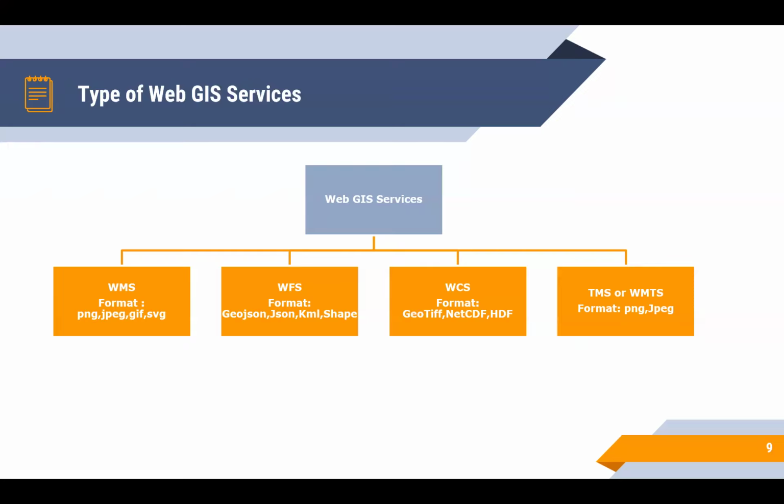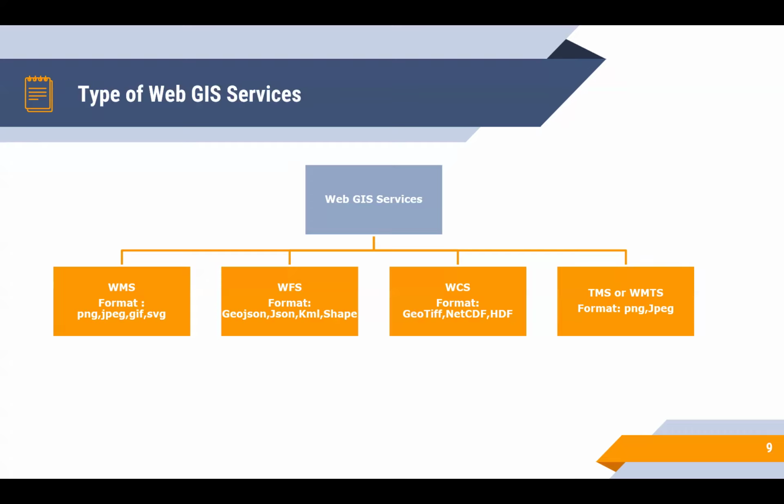As I explained, the WMS service is only for viewing the data. But when you publish the same parcel data as a WFS, you can now provide a facility so that the user can edit your data.